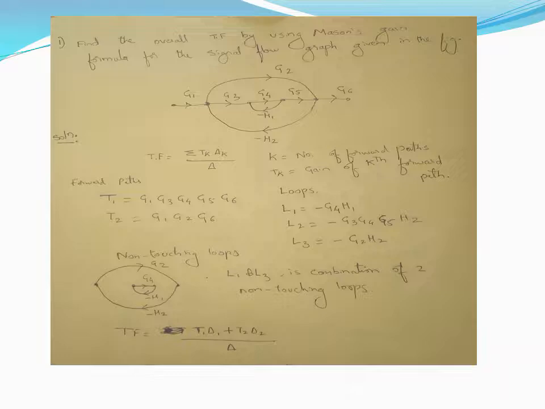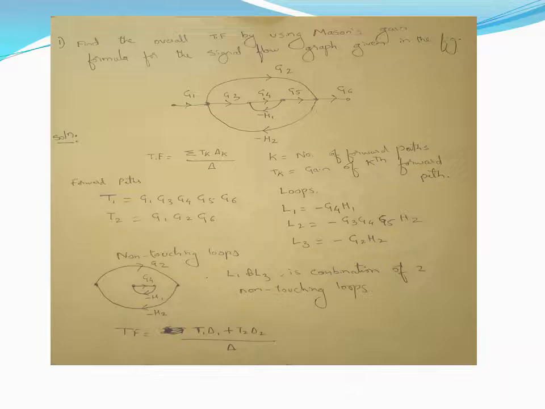And we have non-touching loops, that is L1 and L3, a combination of 2 non-touching loops. Here G2 and minus H2 is a loop which is not touching the loop G4 minus H1, and the overall transfer function is given as T1 delta 1 plus T2 delta 2 divided by delta.